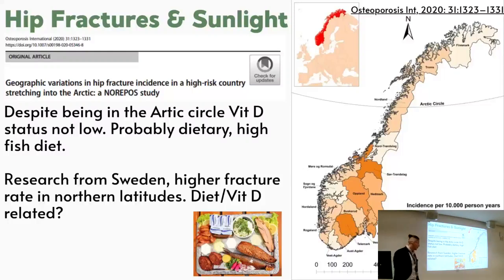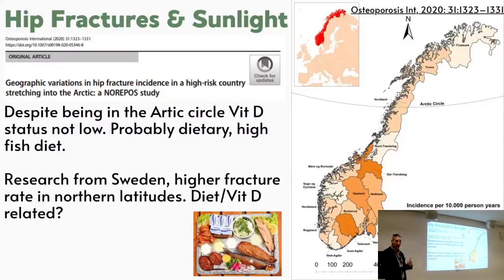In the south, we're seeing more fractures, and there could be lots of reasons for that. Higher population centres, maybe it's more icy, we're not sure. But the scientists in this particular study suggested that the reason was that those people living in the far north are more likely to live by the coast. The climate is a little more favourable by the coast rather than inland, but they're also more likely to have a diet which is higher in fish.